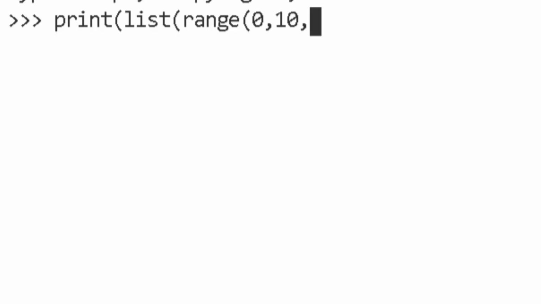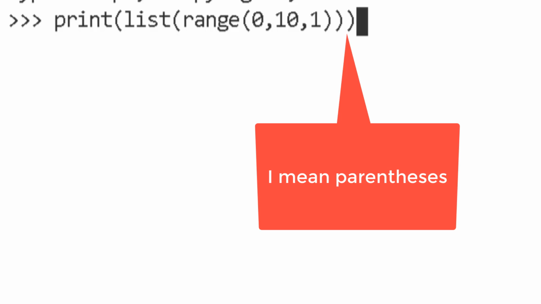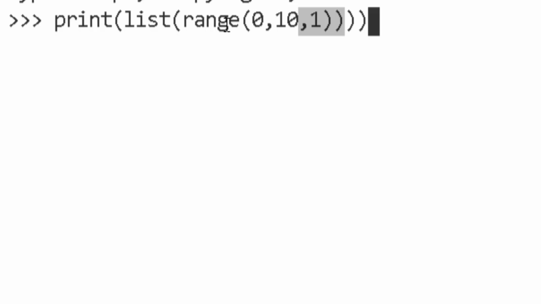And if you want it by 1, you can simply put 1 here. Then make sure to close the brackets. I think we exceeded one parenthesis here. Let's try to run this one.